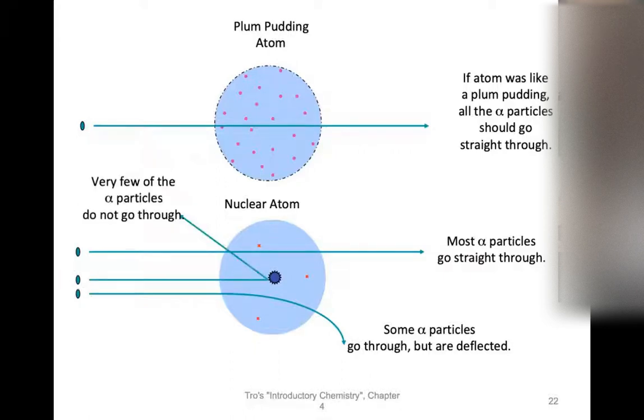Then there's another instance where it hits a wall. It's like a wall inside a very thin foil. So why would that happen? The proposal was that maybe all the mass for each atom is in one location, a very small location, but very dense. And so that gave us the idea of the nucleus.